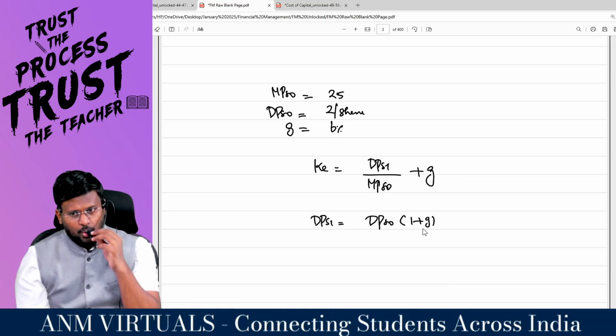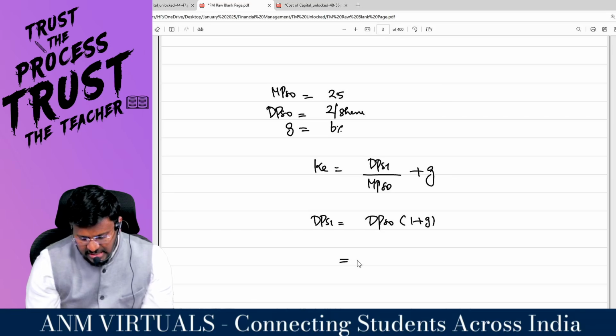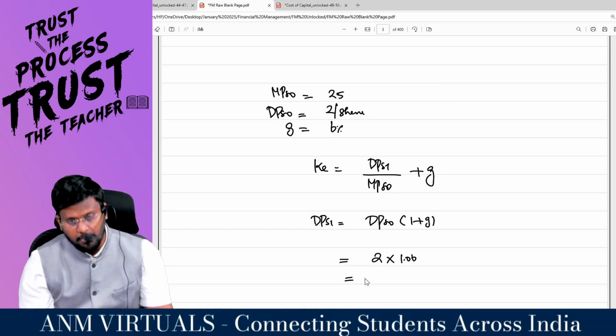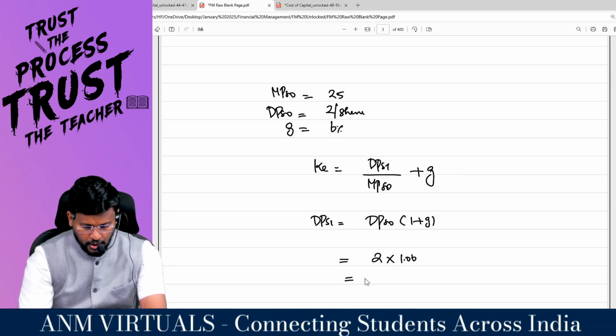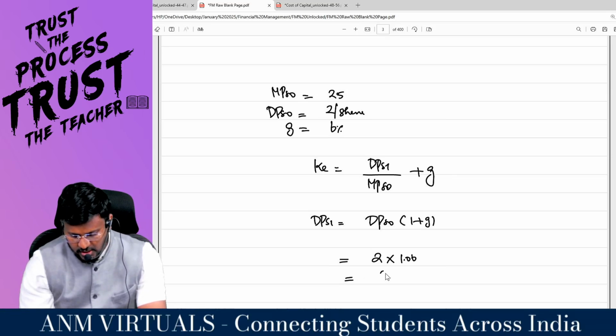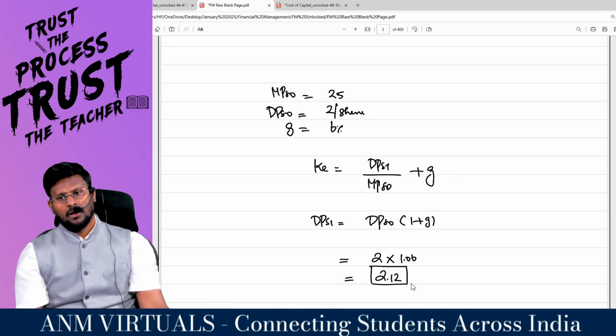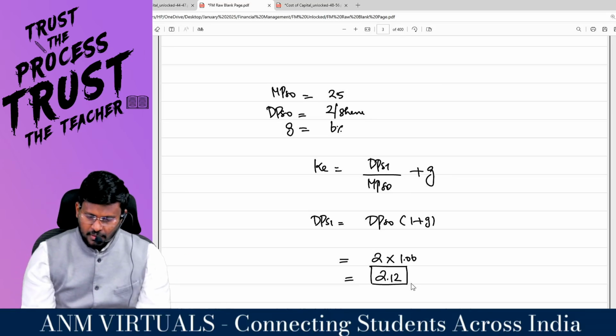DPS 1 will have the growth component. So DPS 0 is 2 into 1.06, which means 2.12 is the DPS 1.